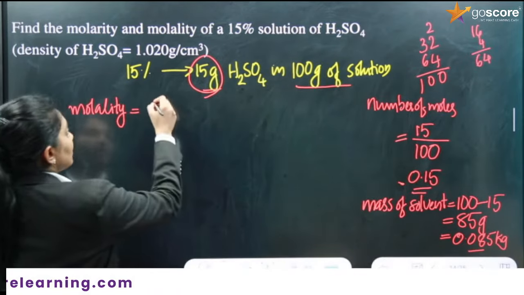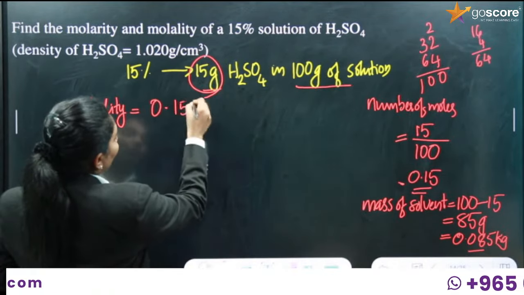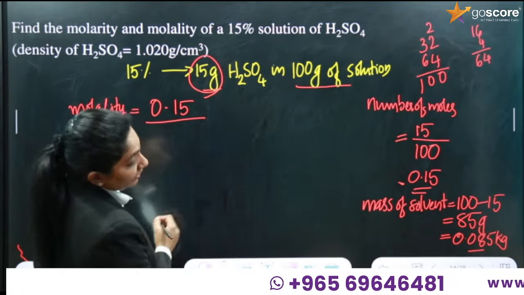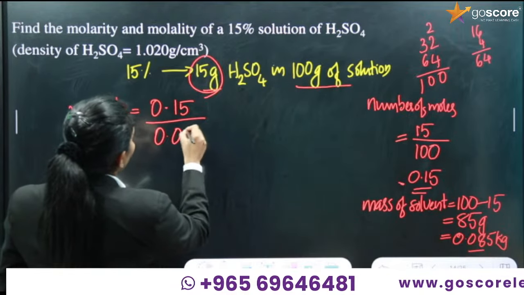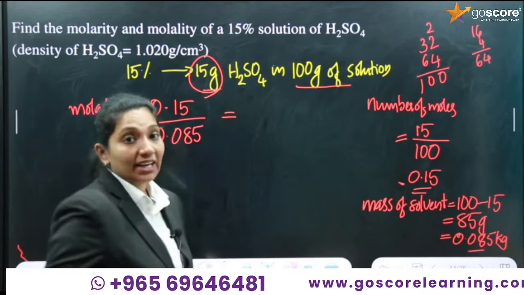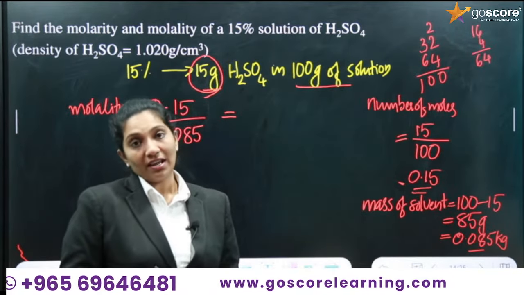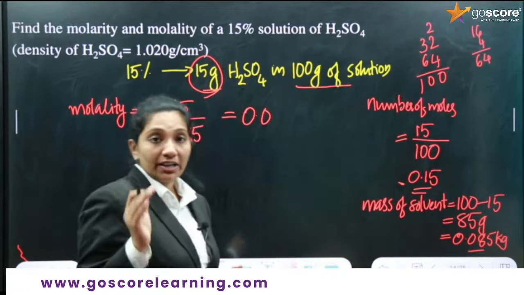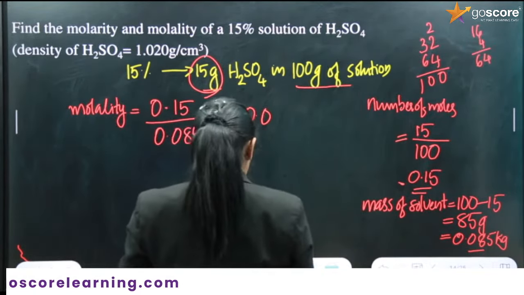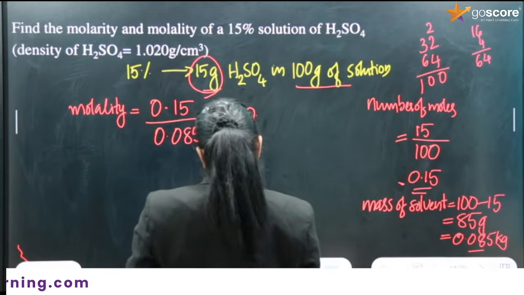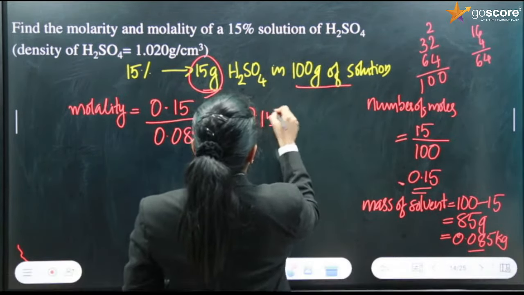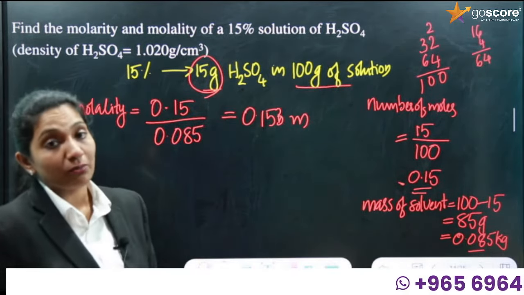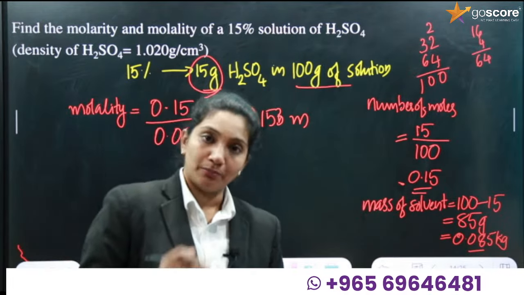Substituting these values, the number of moles, 0.15, divided by the mass of the solvent, 0.085, you will get the molality of the solution, and by doing the calculation we will get the value as 0.153. That much molal it is, or you can express it as moles per kilogram or molal.